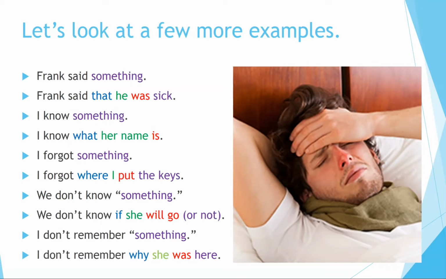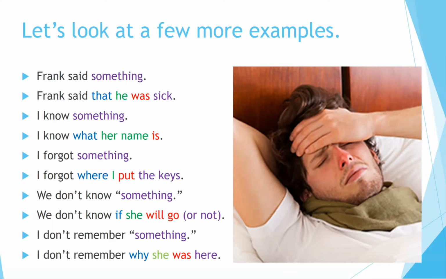Let's look at a few more examples. Frank said something. Frank said that he was sick. The extra word comes at the beginning, that, followed by the subject, he, and was the verb. Sick completes the noun clause. In this case, it's just an adjective. I know something.